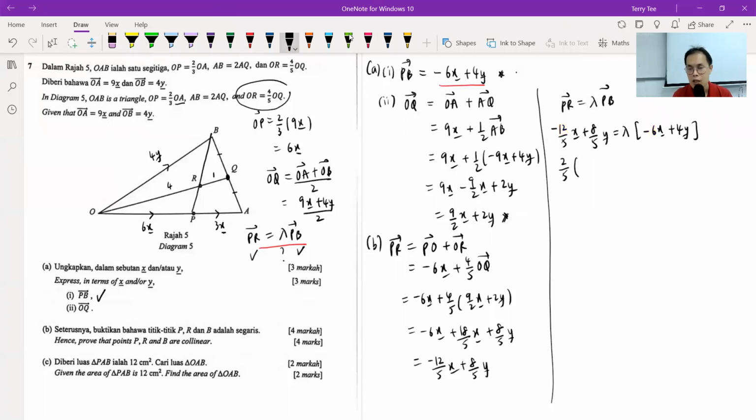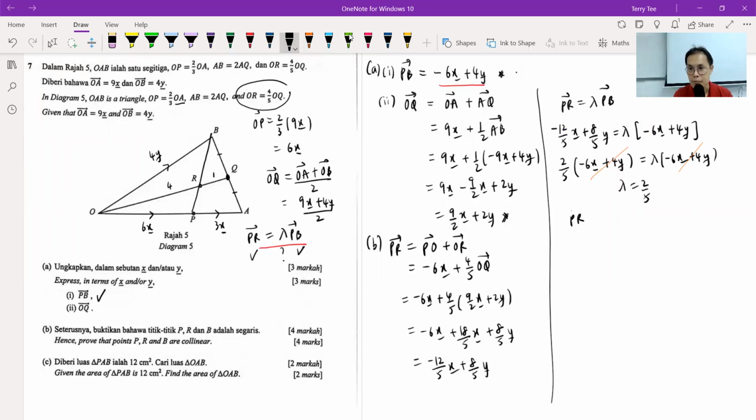So 12 divided by 2, left with 6, but there's a negative, so I keep the negative 6x. 8 divided by 2, I get 4, so this is 4y. The fraction over 5, I can take it out as well. Now, from here it is quite clear cut. We can cancel the negative 6x plus 4y, and we can find our lambda. My lambda in this case is 2 over 5.